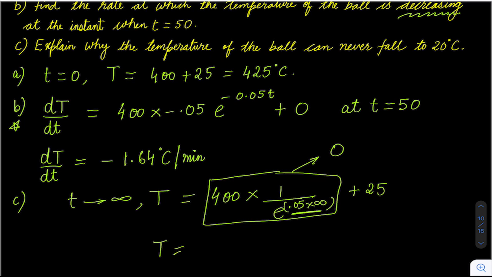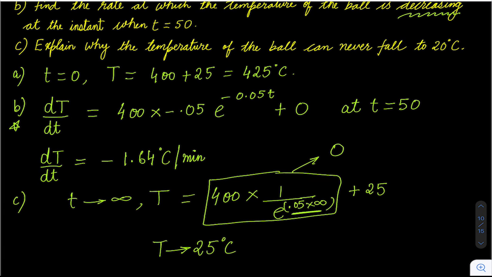So it means my temperature will be 25 degrees Celsius. Or better, let's not write equal to, because it can never be equal to 25. This value will be 0.0000, a lot of zeros and then a very small number. So this will be close to 25. We can say this is approaching 25.